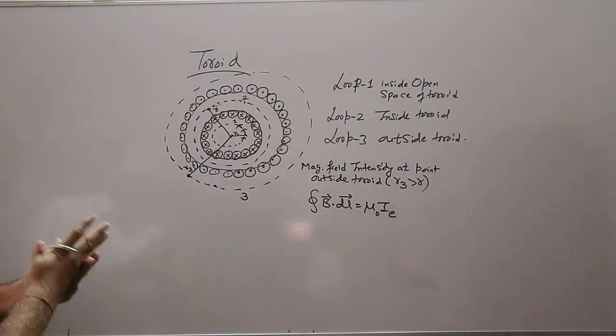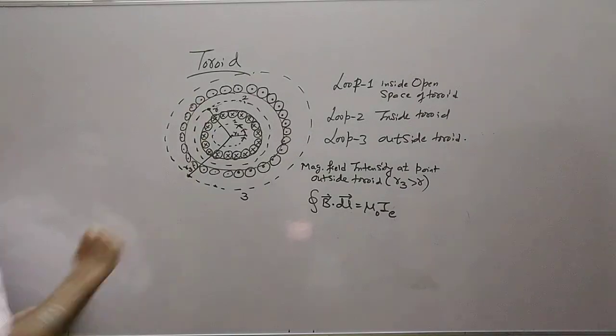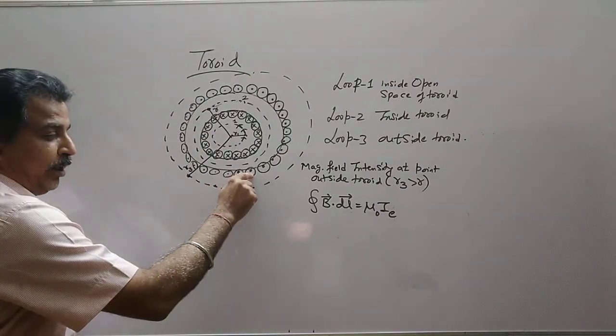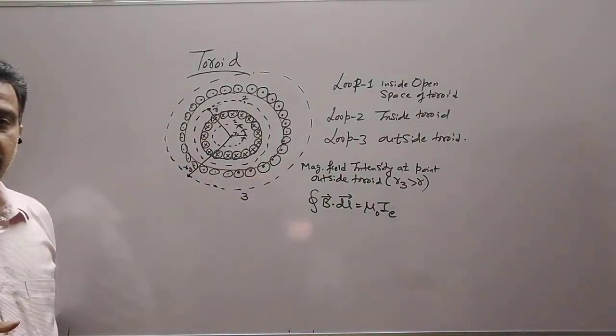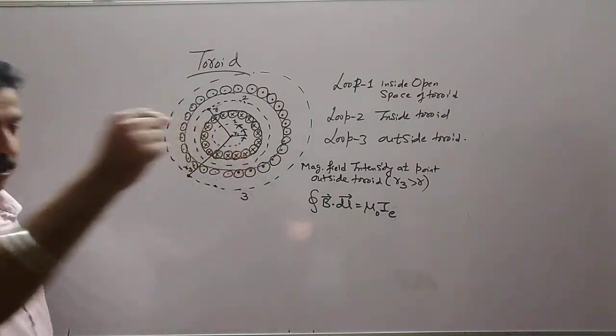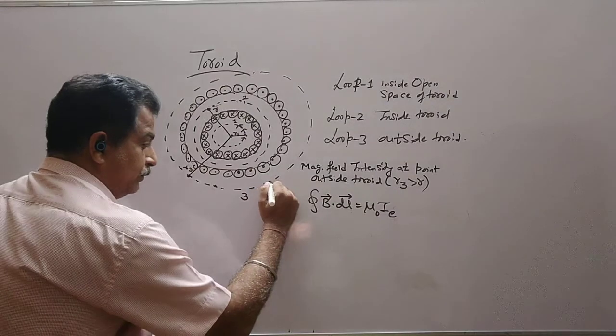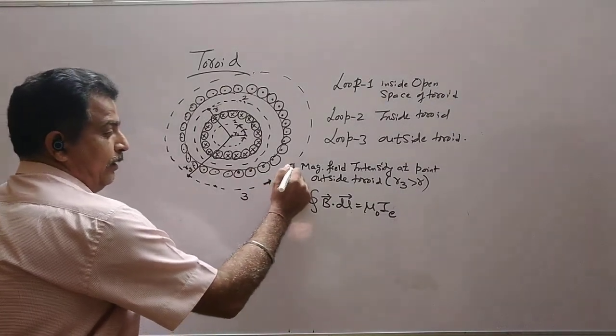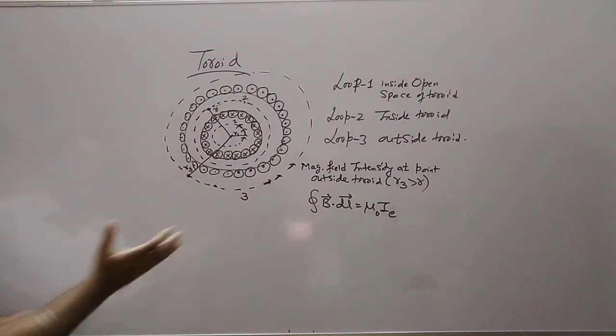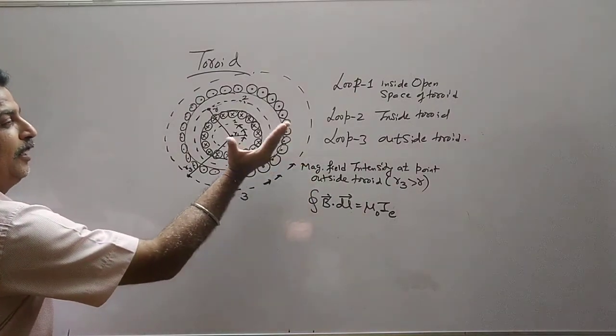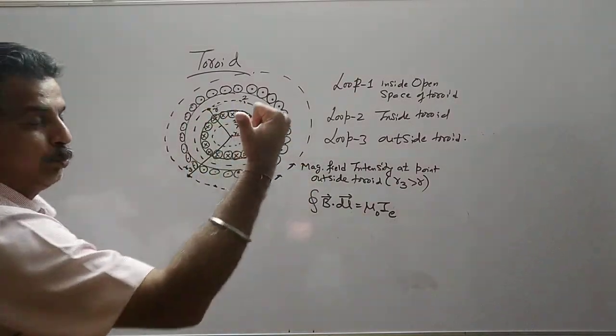So when we take an Amperian loop here, the amount of current going inward is equal to the amount of current coming out. Suppose I take this dl, and if I curl my fingers in the dl direction, anticlockwise, the thumb is outward.